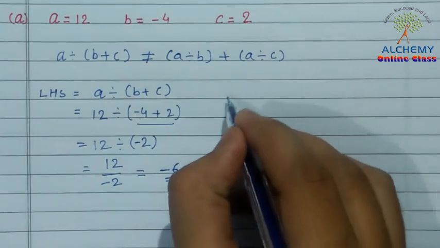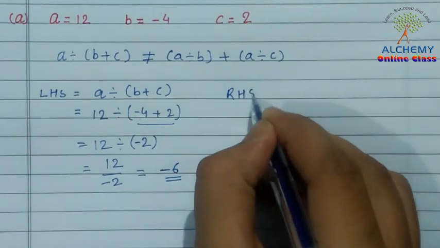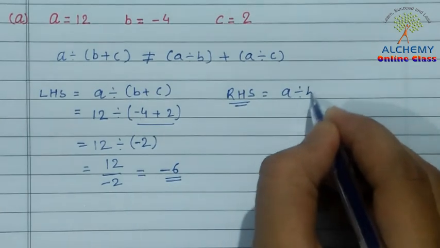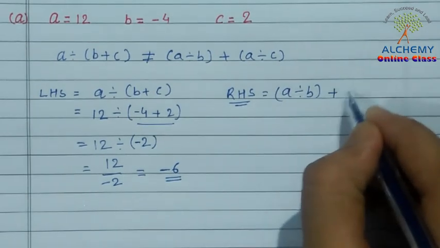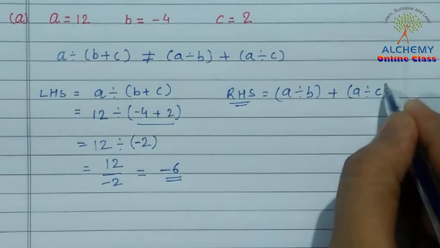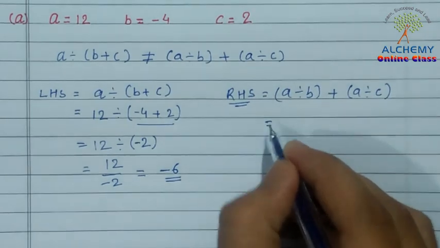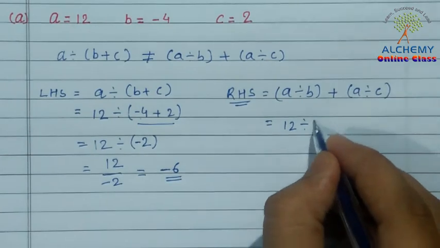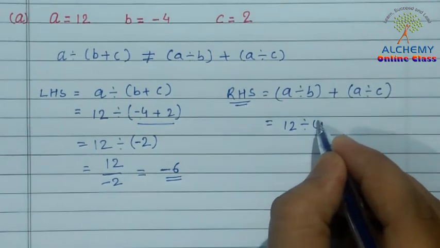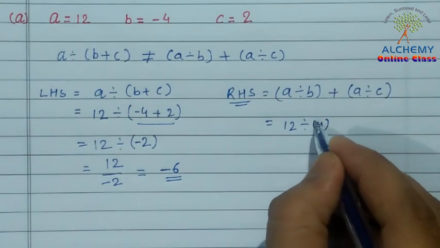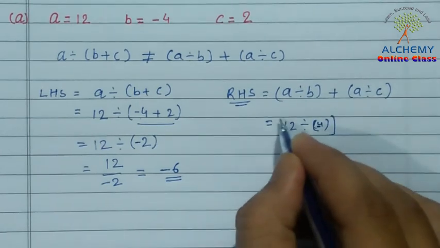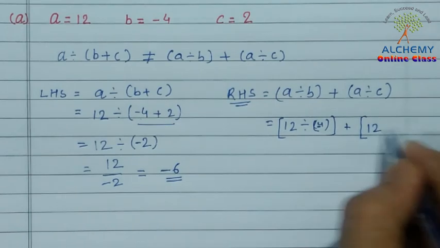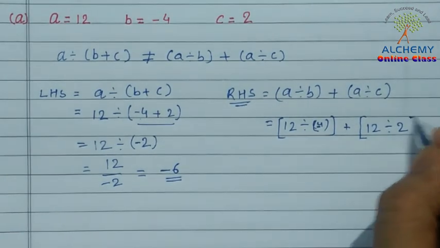Let's find the value of the right hand side. What is the right hand side? a divided by b plus a divided by c. Put the values: a is equal to 12. 12 is divided by -4 plus 12 is divided by 2.